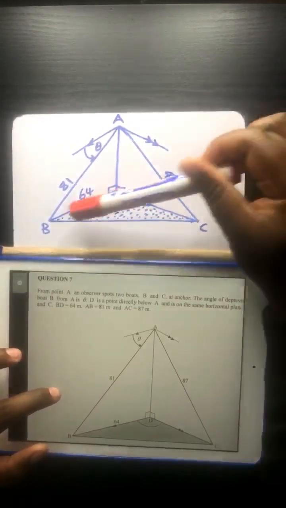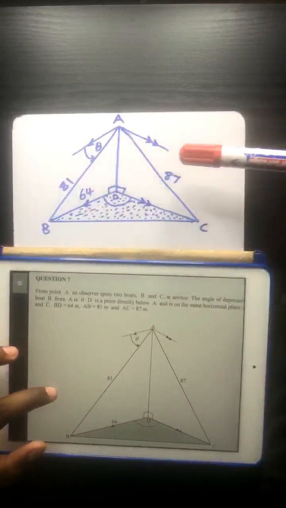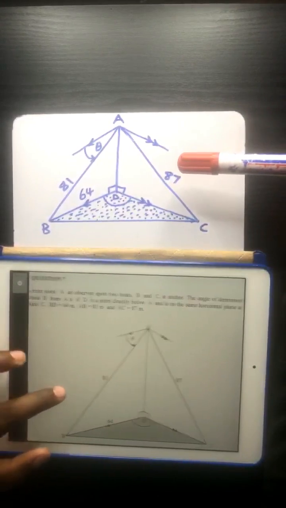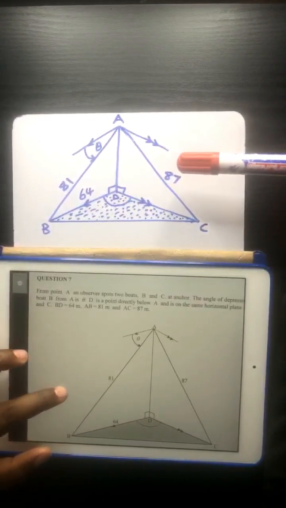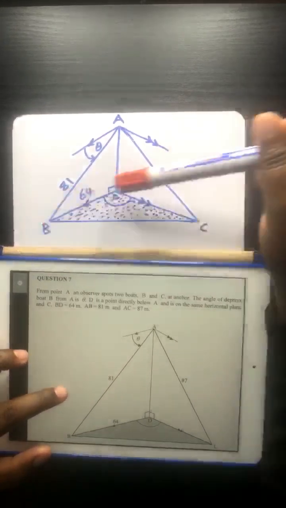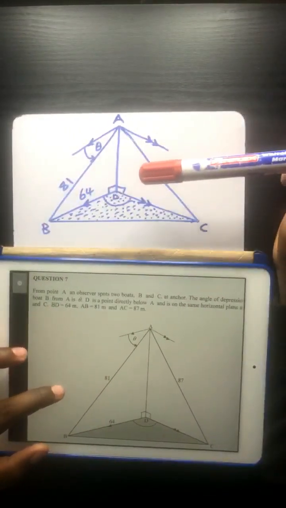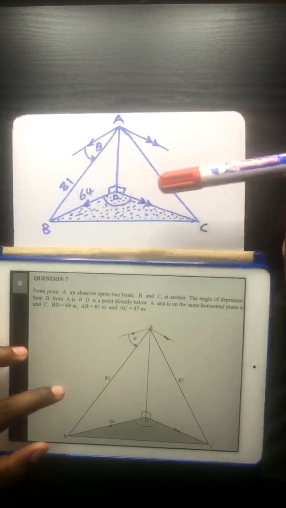It's more like they're sitting on the same table, if you can think of it that way. BD is 64 meters. Notice the unit: these values are in meters.